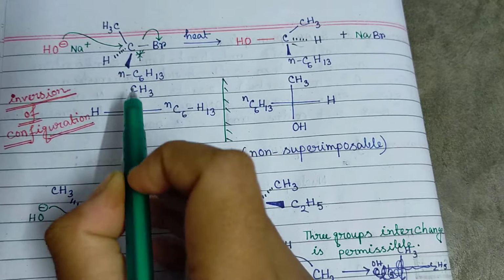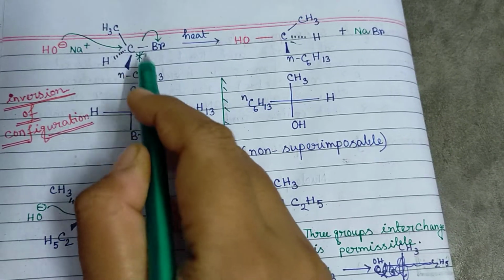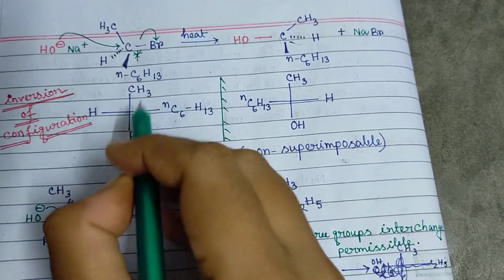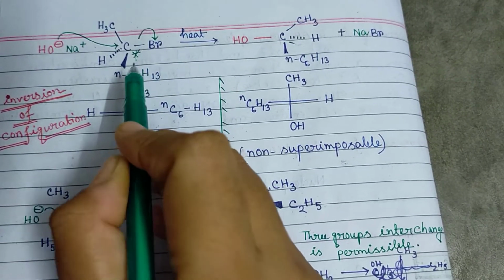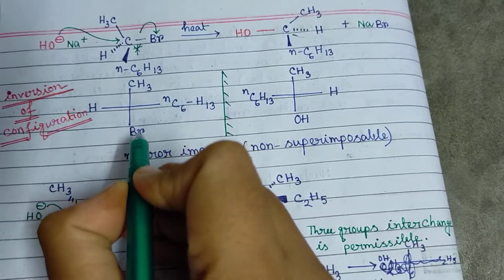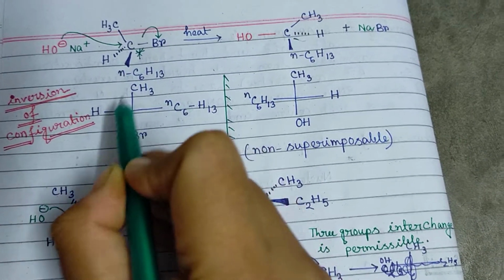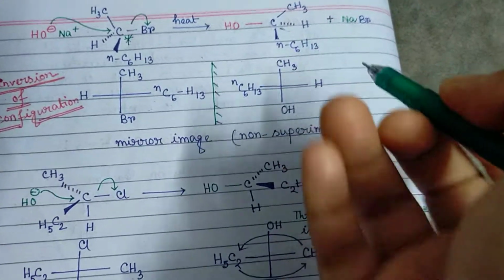So we can write this formula in Fischer projection. Actually this is the flying wedge projection and this is the Fischer projection. If we write this Fischer projection, then we can see that the reactant and the product are mirror images.